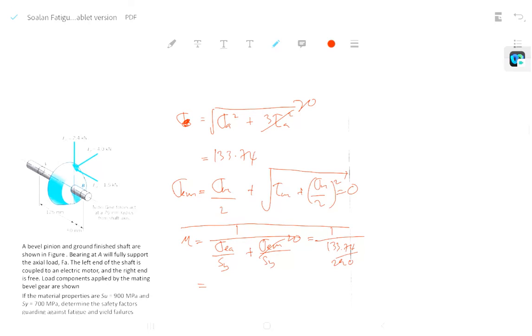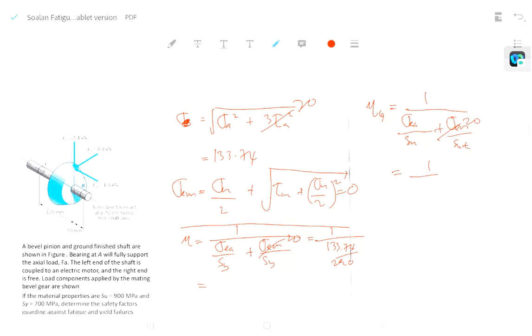Okay. Then for Goodman, we have 1 over sigma equivalent alternating divided by endurance limit plus sigma equivalent mean divided by ultimate strength. Okay, this is 0.